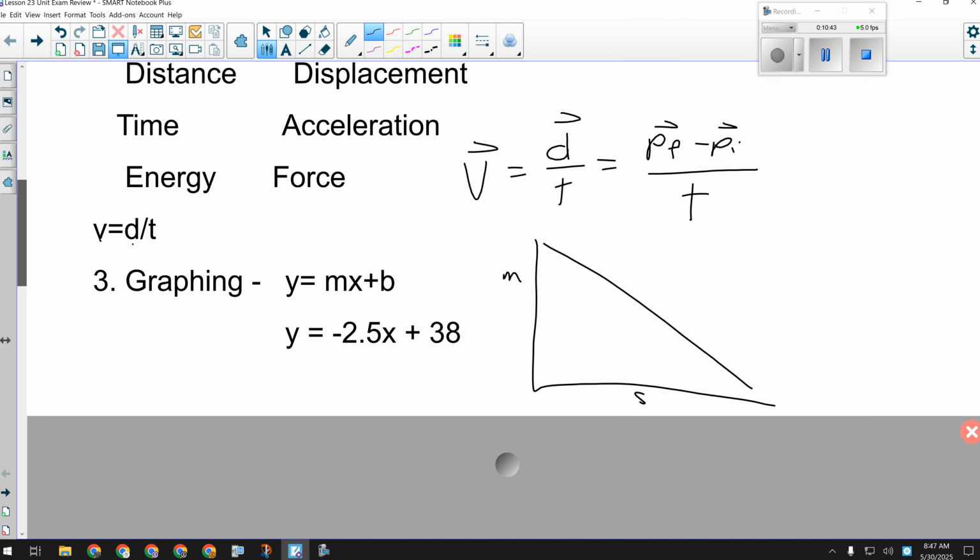Where is position? Yes? I gave you 30 seconds. Seconds is on the x-axis. I gave you x. I asked you to calculate y. Right? If I asked you how long would it take to go 100 meters, that would be solving for x, because then you're solving for time. Okay? So being able to use y equals mx plus b, definitely something I'm testing on your unit exam.